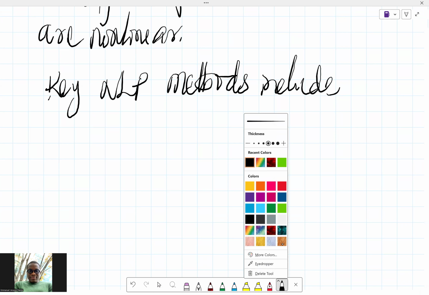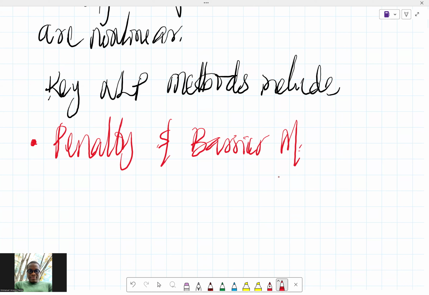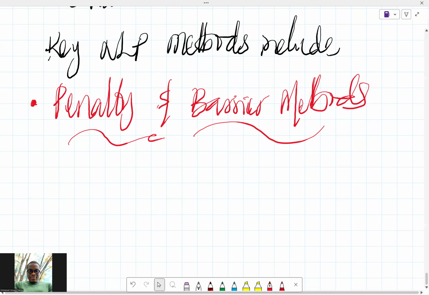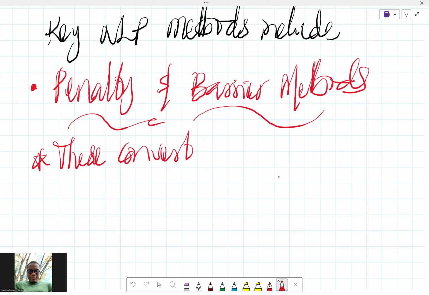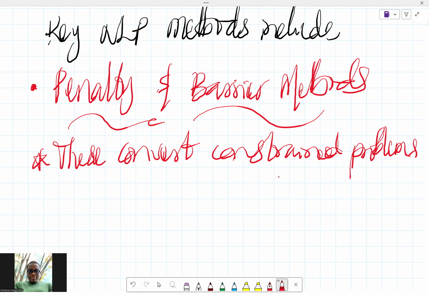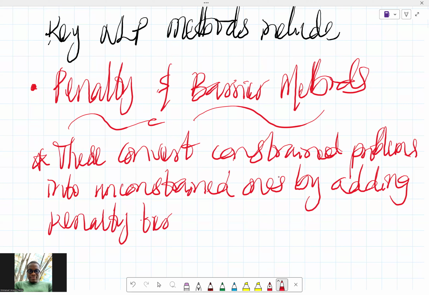penalty and barrier methods. Penalty and barrier methods convert constrained problems into unconstrained ones by adding penalty terms for constraint violations.